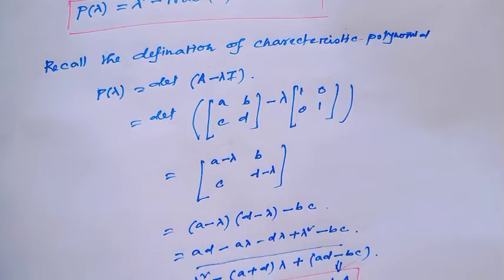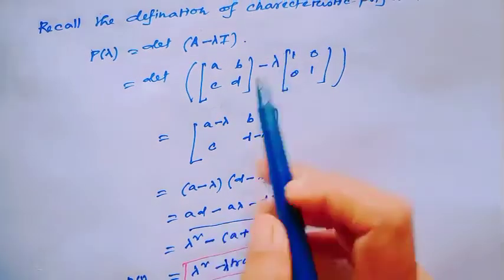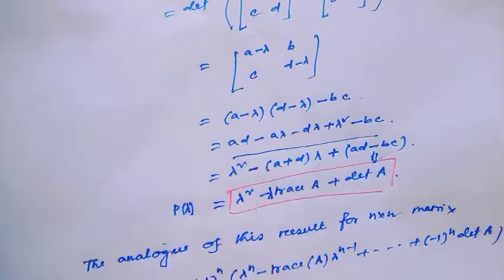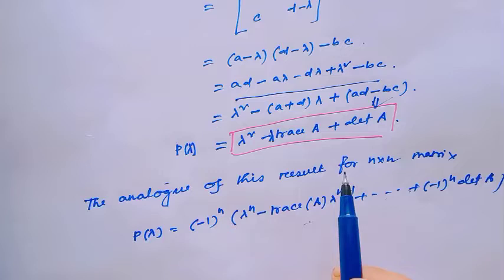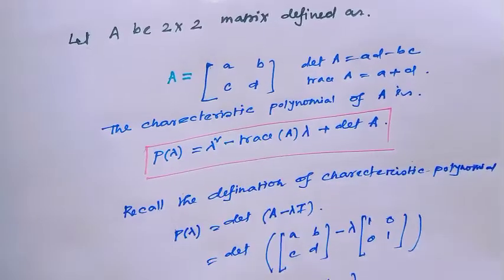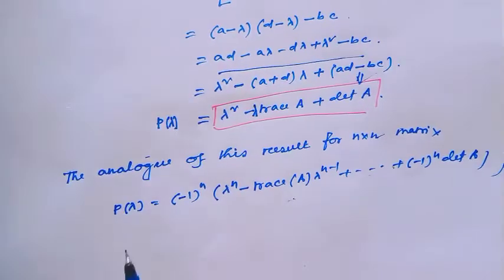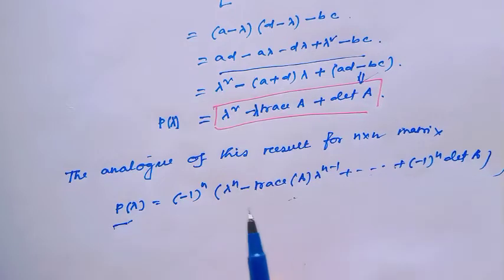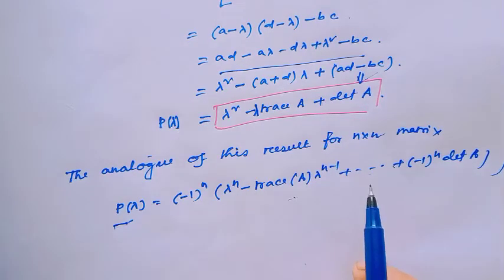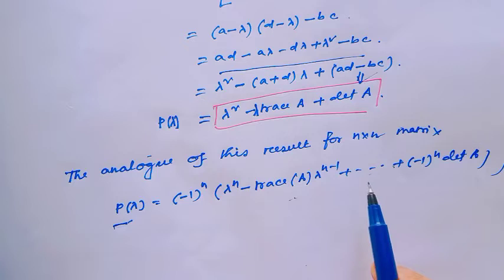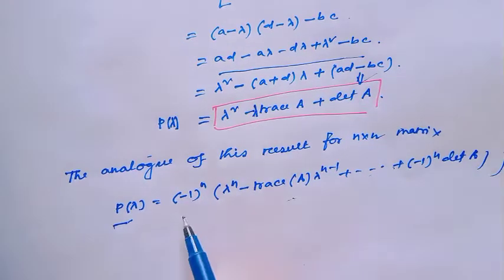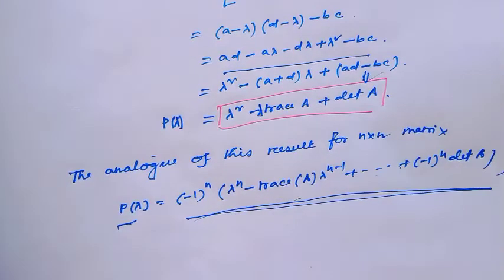By determinant of A minus lambda I. This is the characteristic polynomial and the result would be of such type. And the generalization of characteristic polynomial, when I use an n cross n matrix, which is denoted as P lambda, would be minus 1 to the power n times lambda to the power n minus trace of A lambda to the power n minus 1 plus this would continue plus minus 1 to the power n times determinant of A. This is the generalization of characteristic polynomial.